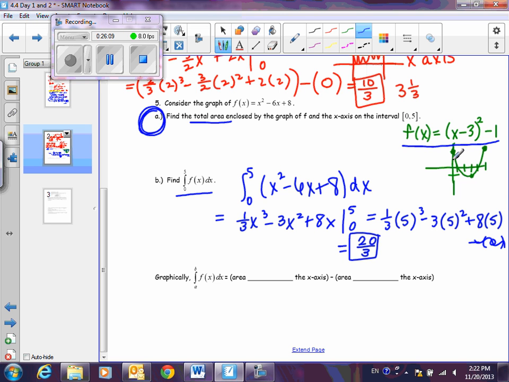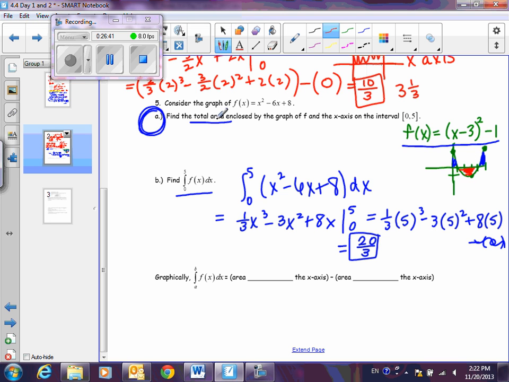That means you're going to have some area above and some area below. Remember, the area is positive, but when we're doing the integral, these little pieces of area add to my total integral, whereas this big piece right here is actually going to subtract. So I want you to see how you could get a positive or a negative answer for this. Either way, this 20 over 3 is saying the plus blue and the minus red.